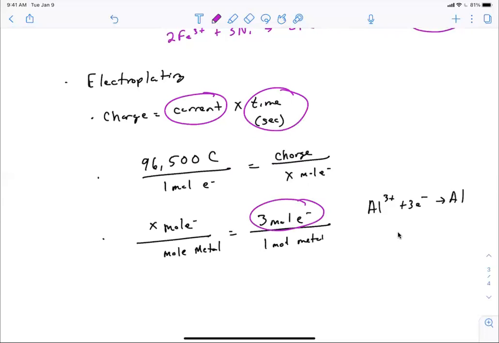If that metal needs 3 moles of electrons or 2 moles of electrons, you'll be able to make more metal with the 2 moles of electrons metal. So those are your 3 major factors here: the charge of the metal, which implies the number of electrons, and then the current and the time are the main factors that affect the amount you can electroplate.